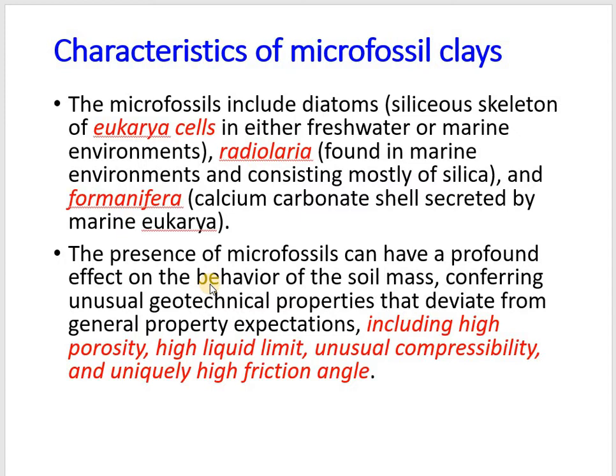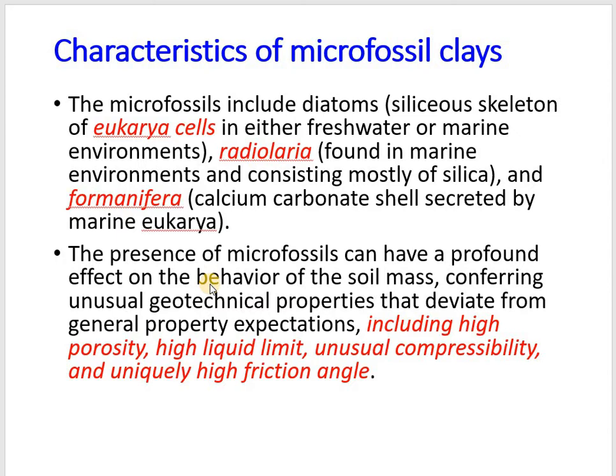What I want to say is that these microfossil clays originate from the cells of microorganisms or other organisms, found either in continental sites or in marine environments. They have eukarya cells formed in freshwater or marine environments, and more silica material is found in them. In other marine environments you will also find radiolaria, which also has silica present.